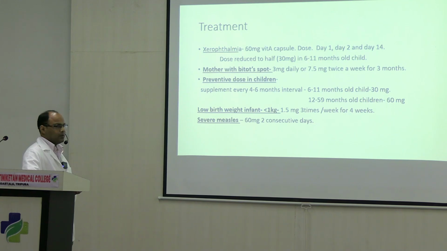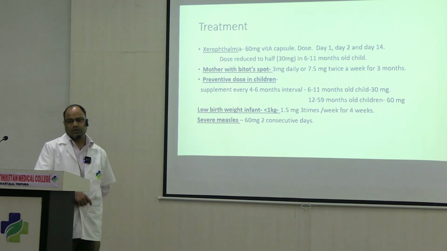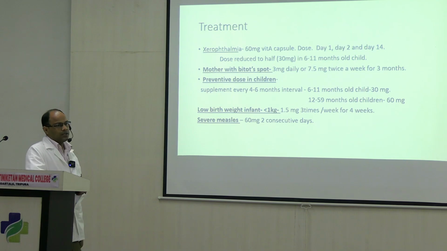And low birth weight, especially high risk children, male or birth weight less than 1 kg, invariably develop vitamin A deficiency. So give them 1.5 milligram 3 times per week for 4 weeks, the first month. Okay, and severe measles, because measles patients develop vitamin A deficiency, give them 60 milligram for 2 consecutive days in hospitalized patients.